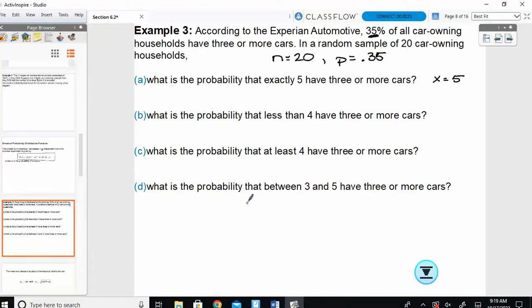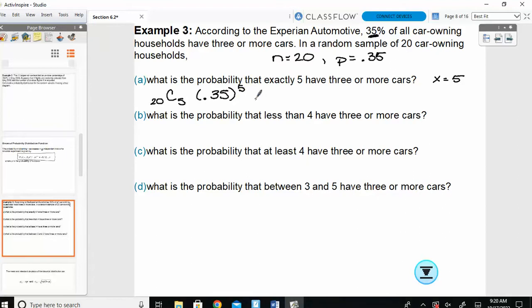So look at our formula. It tells you want NCX. So my N is 20. C, my X, how many am I choosing? That's my 5. Then it has P. So the probability of having those is 0.35 to the X power.